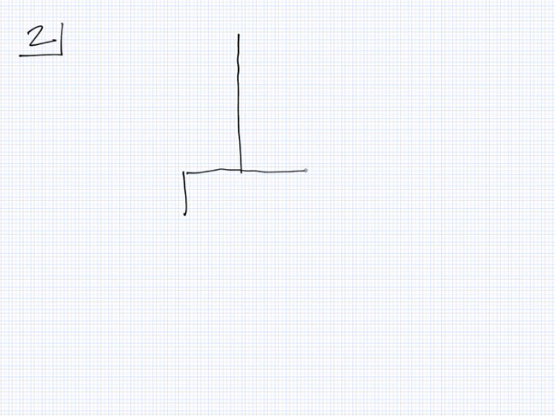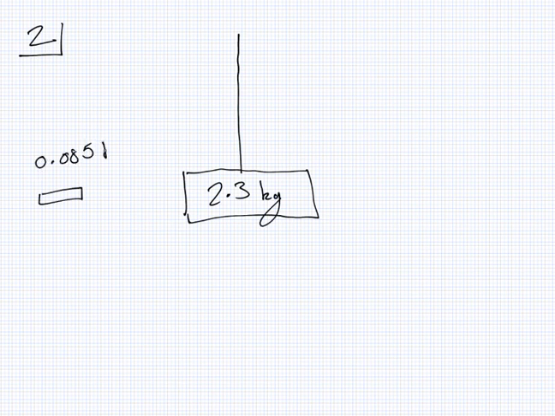A block of wood, 2.3 kilograms, yes? And then you have a bullet here, which is 0.085 kilograms, and the speed here is 250 meters per second. Hey, listen up.